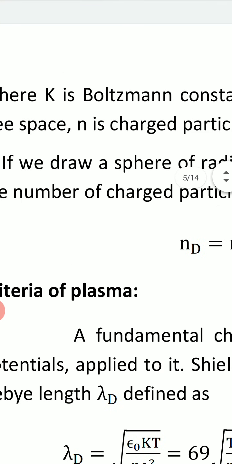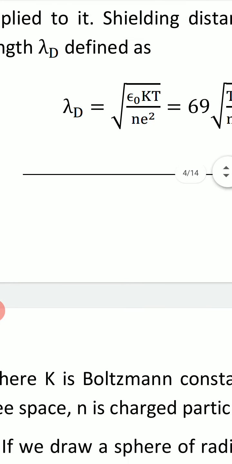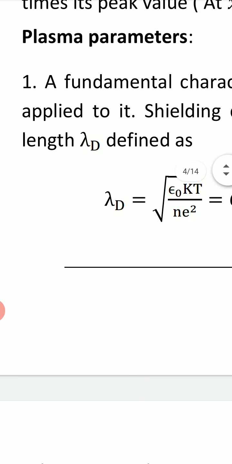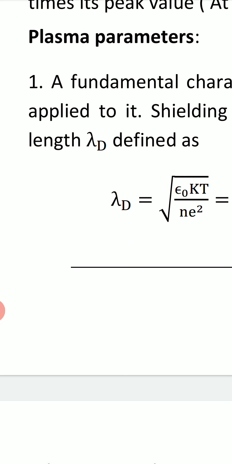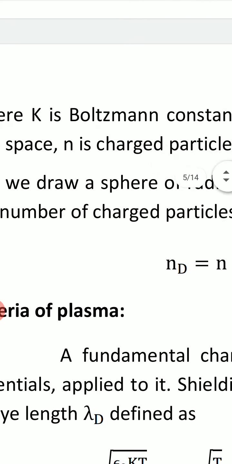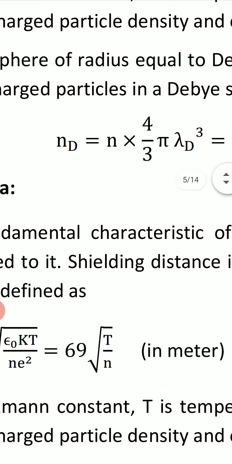So these are two plasma parameters. One is Debye length lambda d and the other is Nd, number of charged particles in the Debye sphere. Debye sphere is a sphere having radius equal to lambda d.